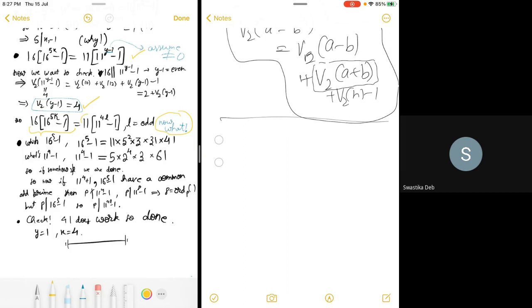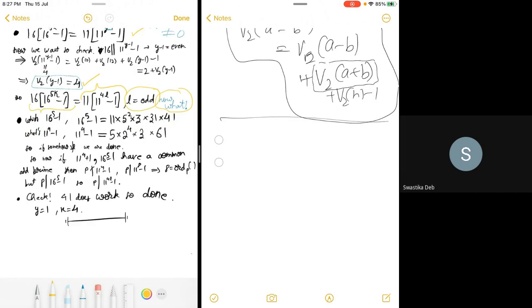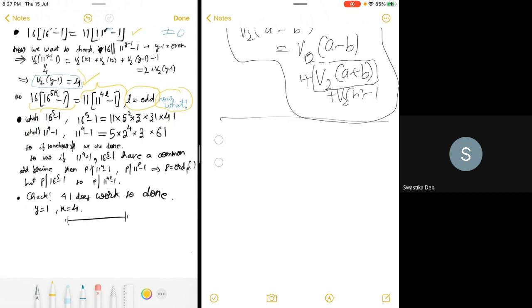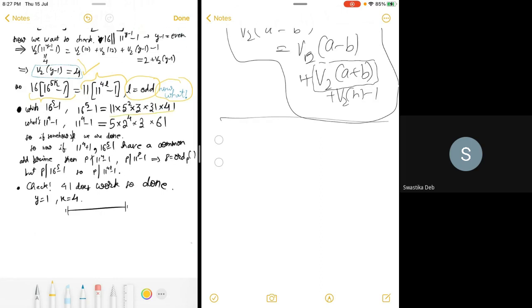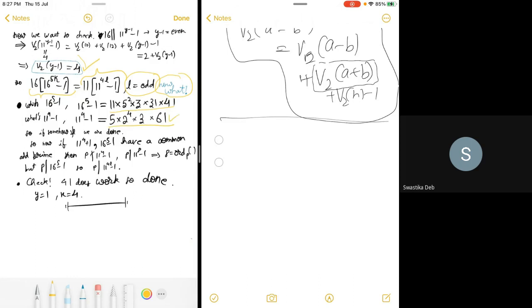Similarly, the right hand side is also divisible by many primes now, and also n is odd. So the right hand side should not be divisible by the prime which generates from 11 to the 8 minus 1, which is here what we do. So compute 16 to the 5 minus 1. It becomes this. Compute 11 to the 4 minus 1. It is this. So we can consider 61, 41, 31.